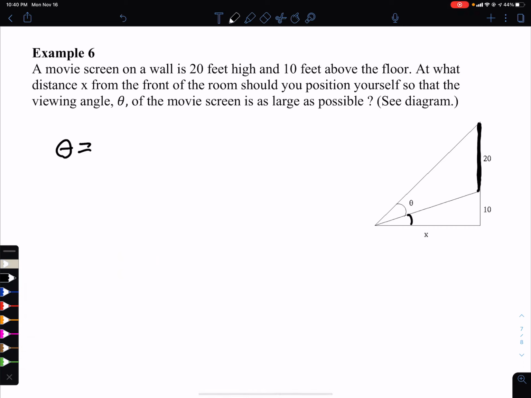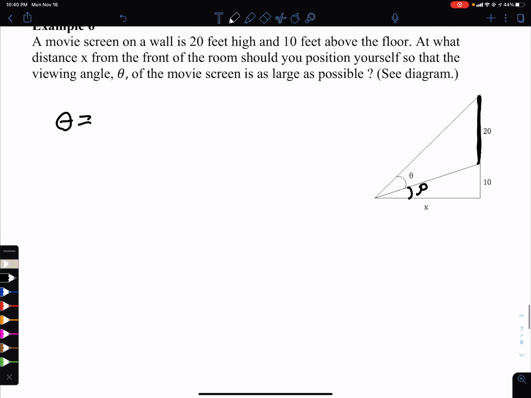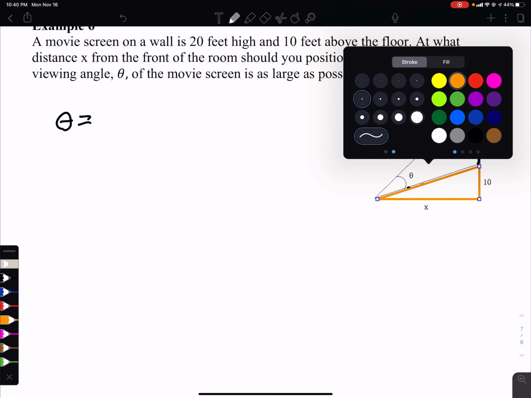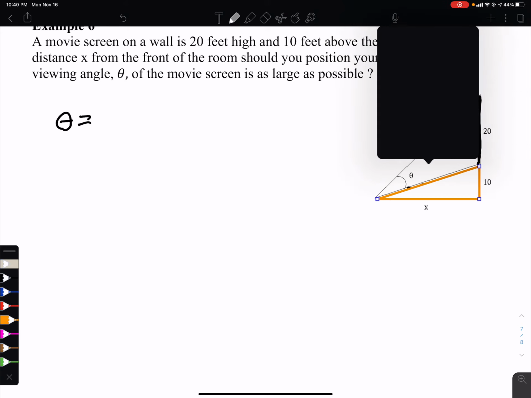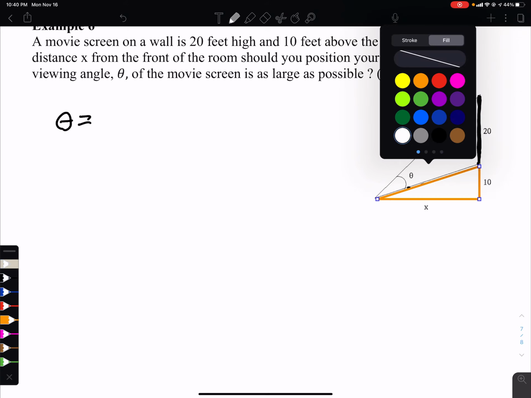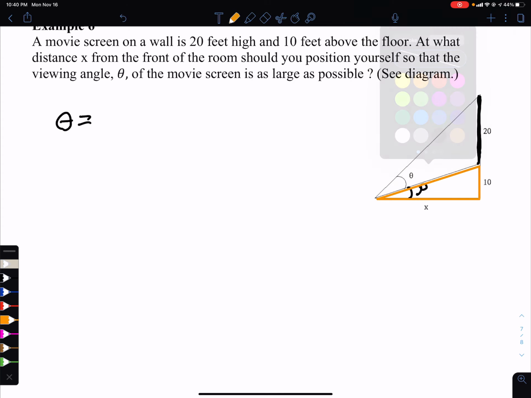We're going to call this angle down here rho, Greek letter rho. And so you should see two triangles. A golden one here. We're going to use that golden triangle to get a relationship.